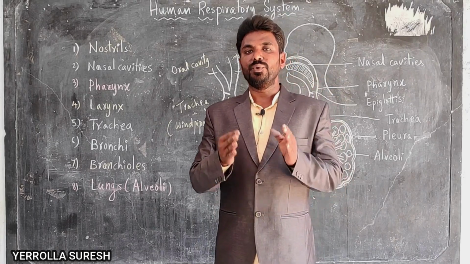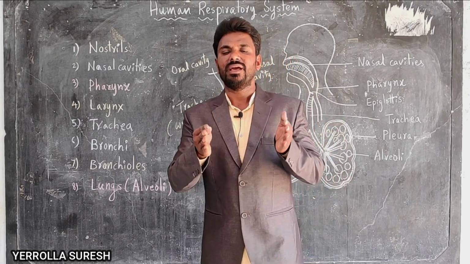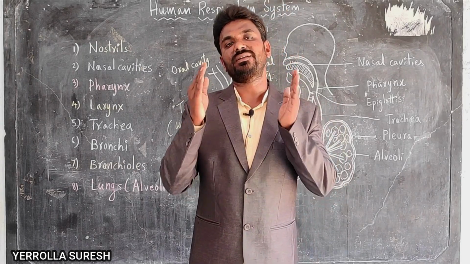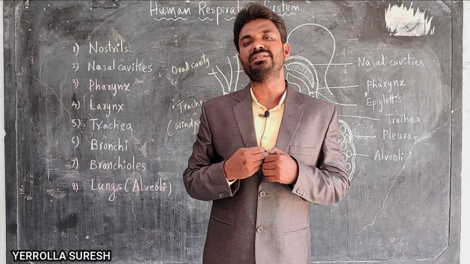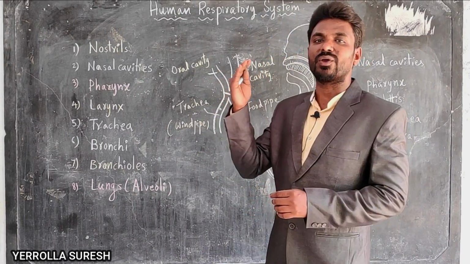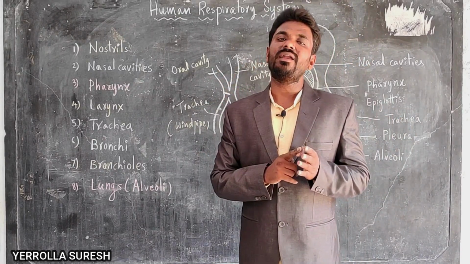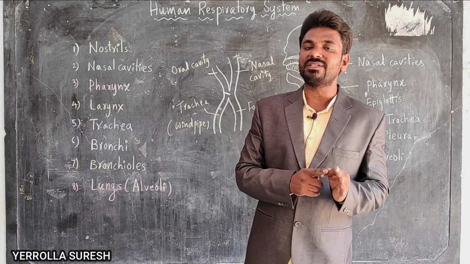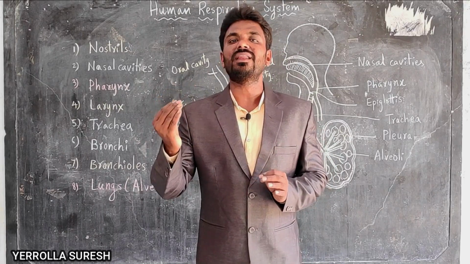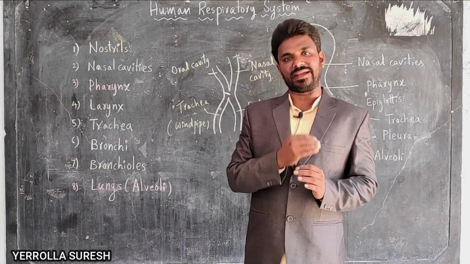Like this, mucus, or the mucous membrane, regulates the temperature of air so that it can be equal to our body temperature, that is 37 degrees Celsius. The mucous membrane also prevents the entry of dust particles or microorganisms which enter along with the air into our respiratory tract.